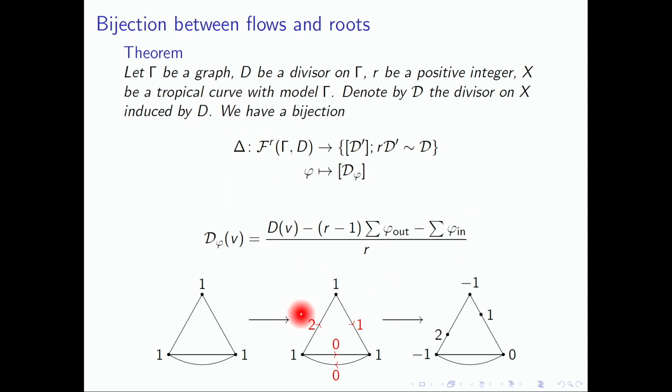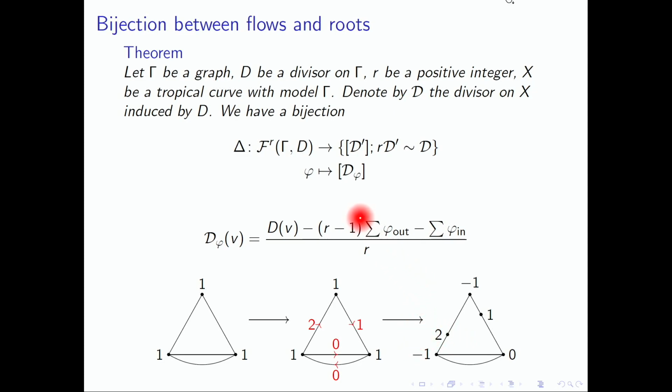For example, in this example I had 2, 1, and 0 as the flow. And so I have -1, and 0 that are computed by this formula. And I stress here that to put some contribution on a point inside the edge, everything works out.